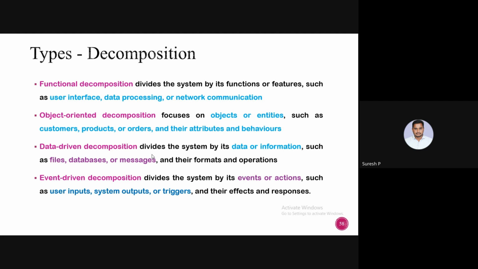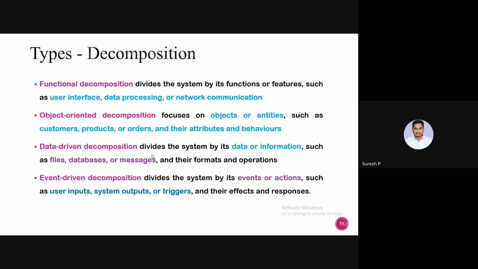They have a lot of attributes, and also a lot of behaviors. Behavior means the operations that can be done by the particular object. Normally the customer can modify their details, customer can order, customer can pay the amount for their orders, customer can cancel the order, and customer can track the order.